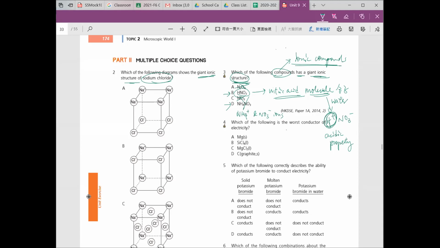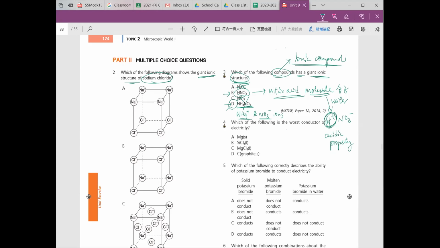But for D, irrespective of the state, whether it is solid, molten, or in aqueous solution, you still have ammonium ions and nitrate ions. So the answer is D, not B.